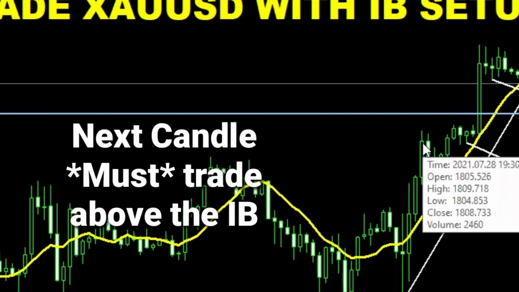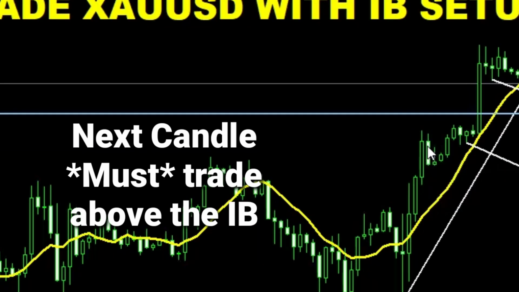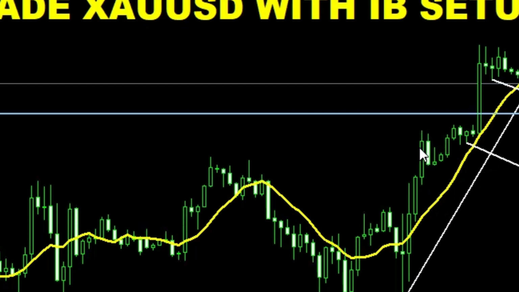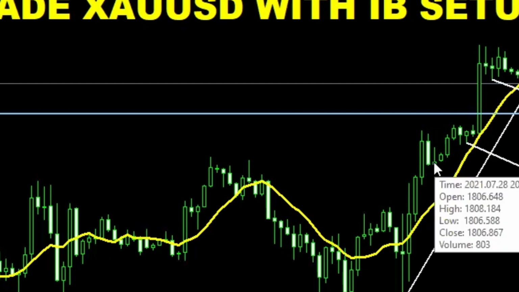This one is not trading above this particular candle, and the next one is also above it. It's made this thing to be inside, truly. So because this one refused to trade above this white candle, which is the inside bar, it's made it invalid.